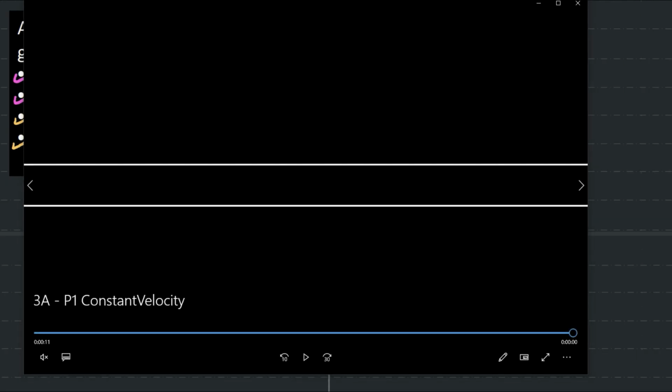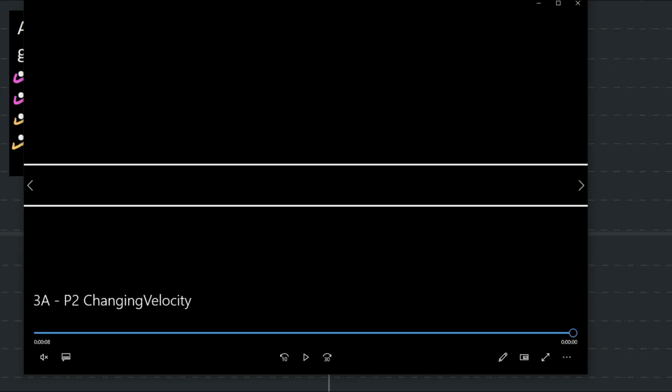Because it's moving at the same speed and the same direction. Well, what about this? Yes, there is change in speed, not the direction, but change in speed. So this too is an example of accelerated motion.